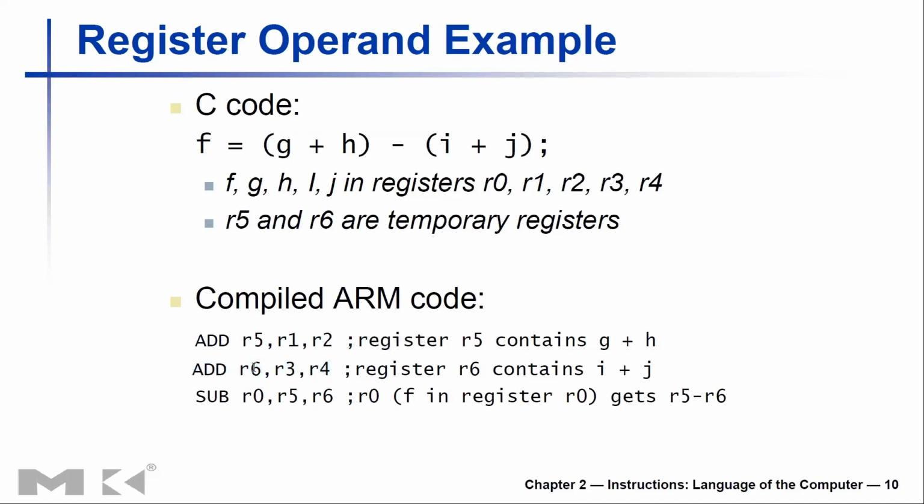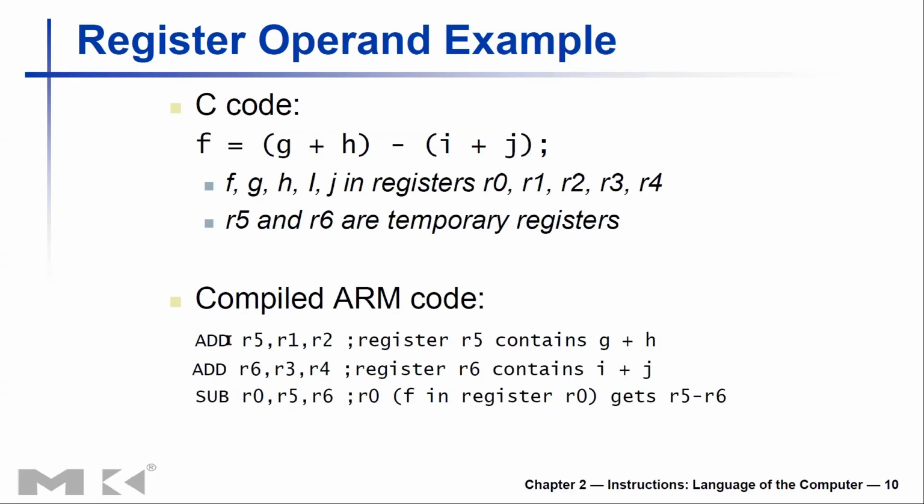Now R5 and R6 contain these two additions separately, and now you finally need to do this subtraction operation to get the final value f, and final value f is going to be stored in R0. That is what we decided earlier, to store f in R0, so we can put the result of R5 minus R6 into the R0 register.